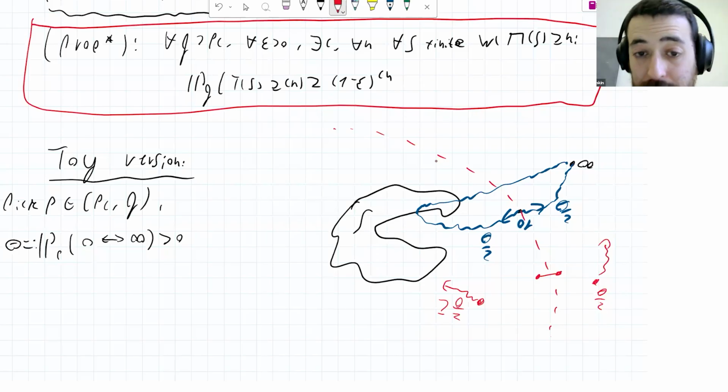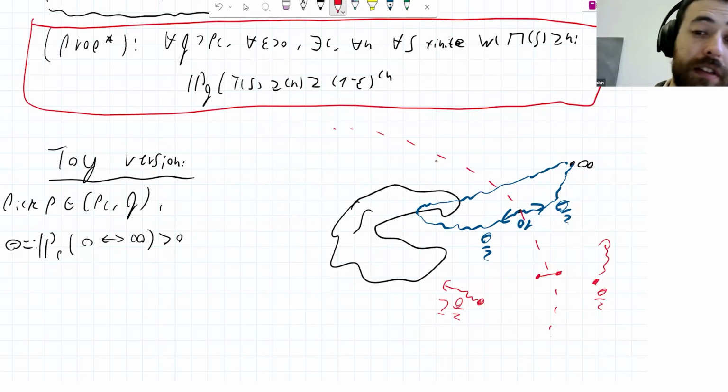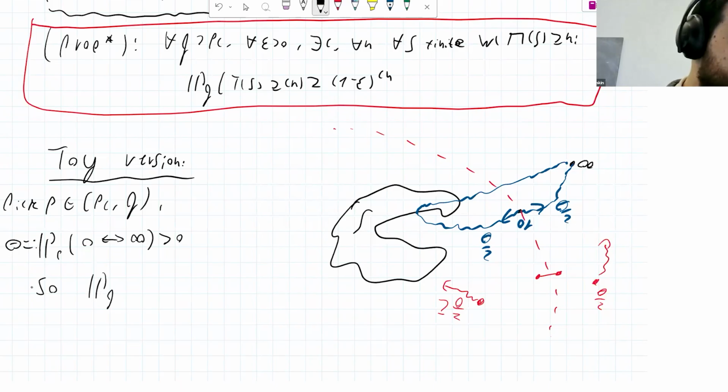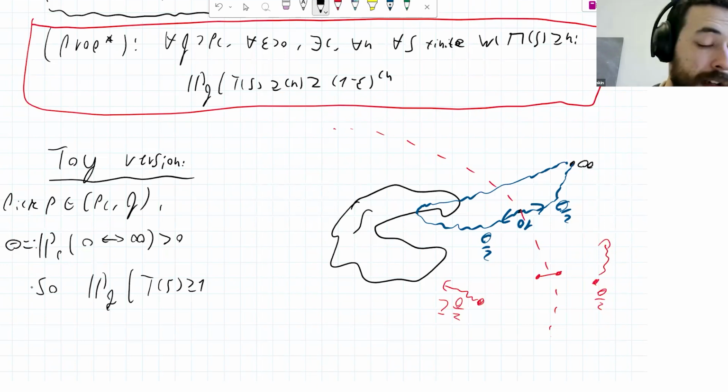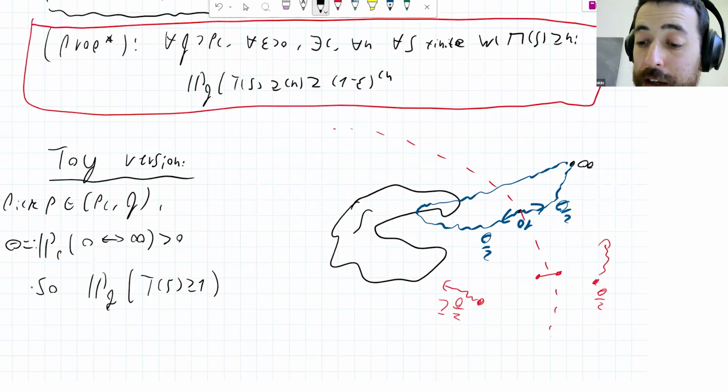So now, what I can do is I can ask, what's the probability that I have at least one touch under P? Under P, under Q doesn't matter here. Okay, well, I need to pay for this edge to be open in my P percolation.